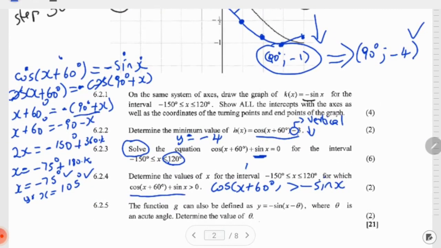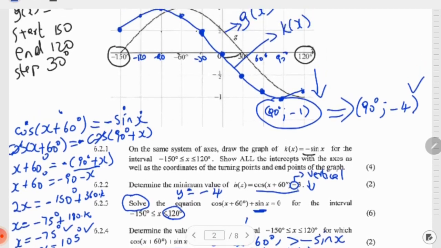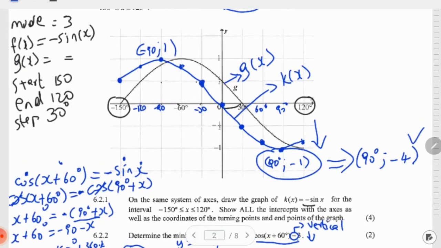So what we want is to determine which x values will give us g at x greater than k at x. On the graph, we can look for the parts where g at x is on top of k at x. That's how we know that it's greater.